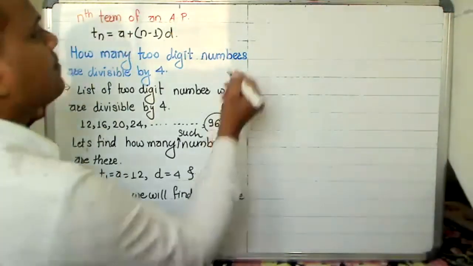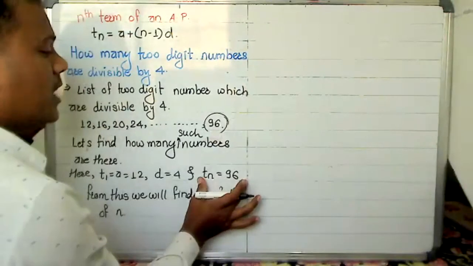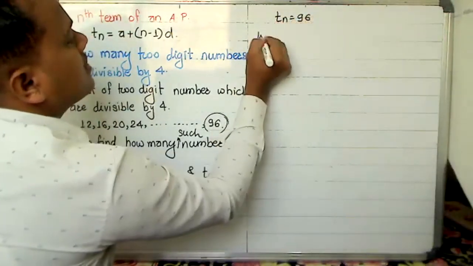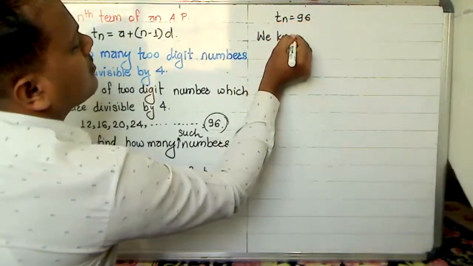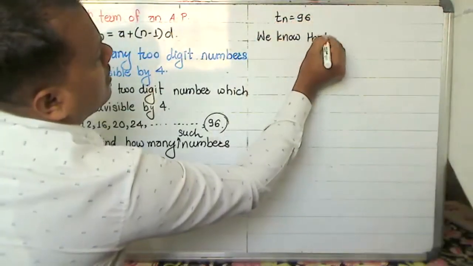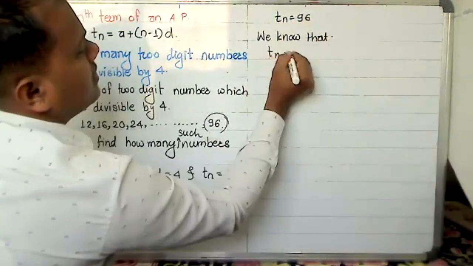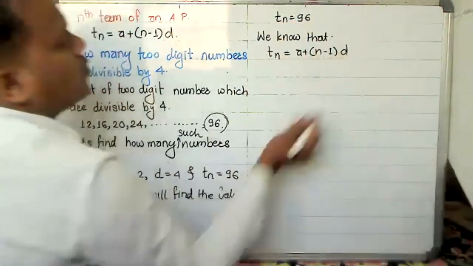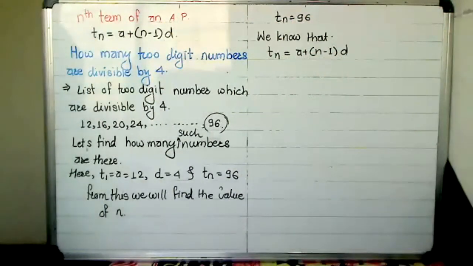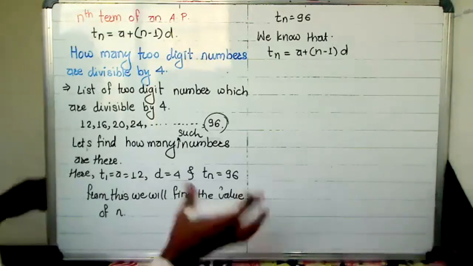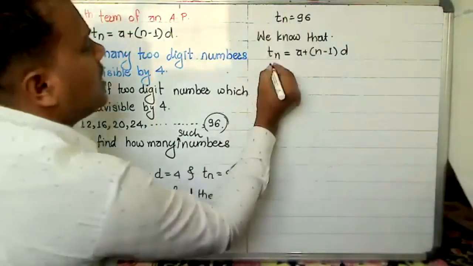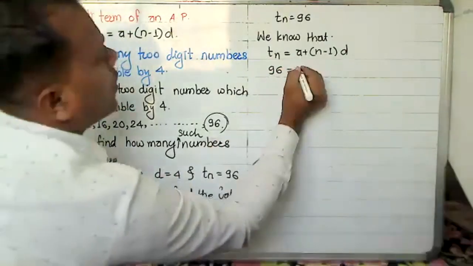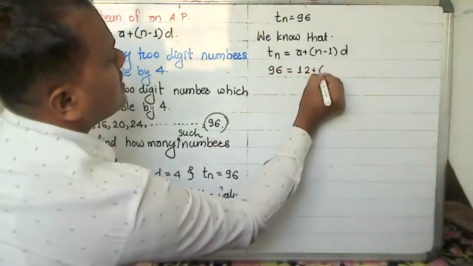Already we know that Tn is equal to 96. We know that Tn is equal to a plus n minus 1 into d. Now put the known values in this formula. The value of Tn is 96, which is equal to the value of a, 12, plus n minus 1.